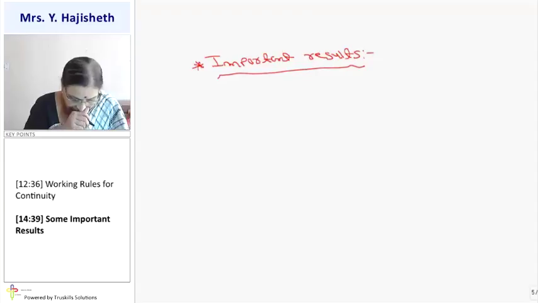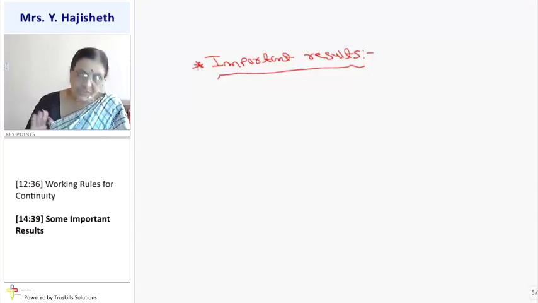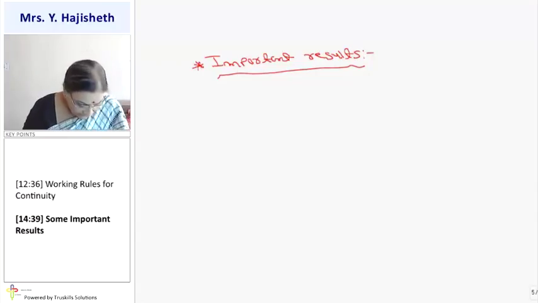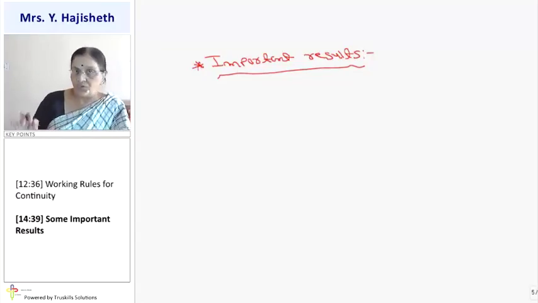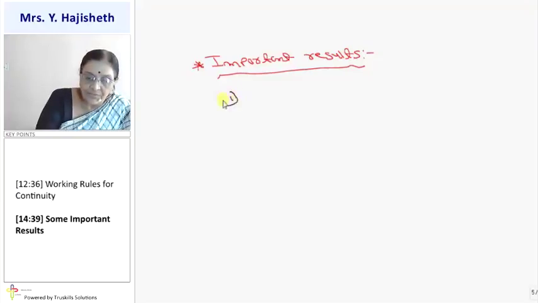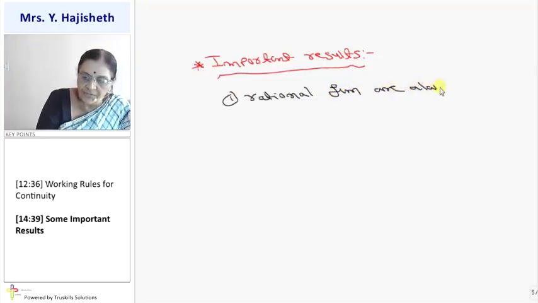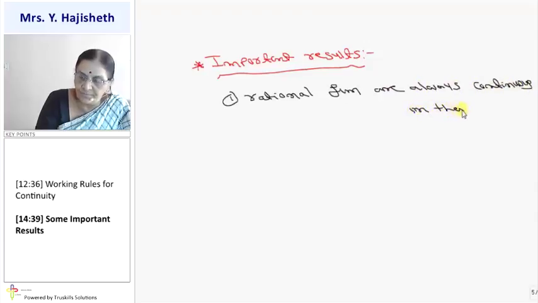Number 1, rational functions are always continuous in their domain.